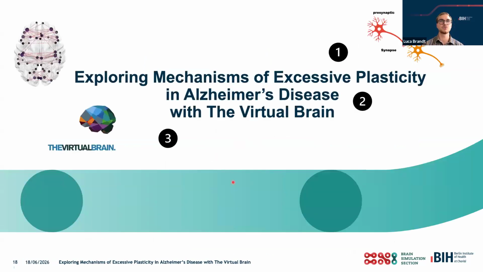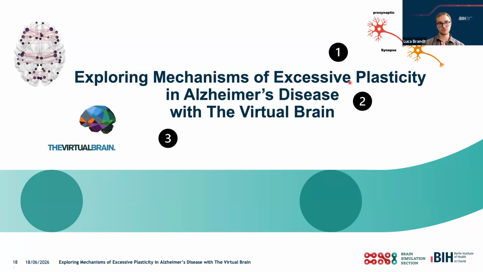So coming back to the idea, I showed you how plasticity can become unregulated, specifically in Alzheimer's disease, how it can lead to different cognitive symptoms seen in Alzheimer's disease, and how we can integrate such a rule in The Virtual Brain, so in a whole brain simulation.